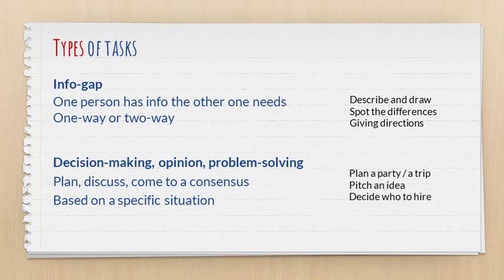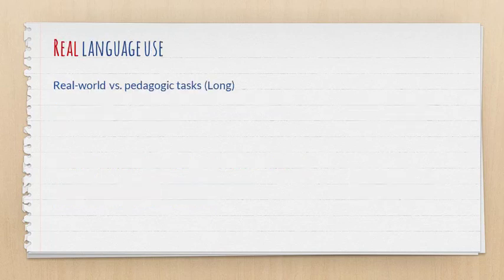For example, planning a party or planning a trip given a specific budget. Other examples would be pitching an idea for a product, for example, deciding who to hire out of a series of candidates. And all of these tasks, to some extent, resemble real language use.